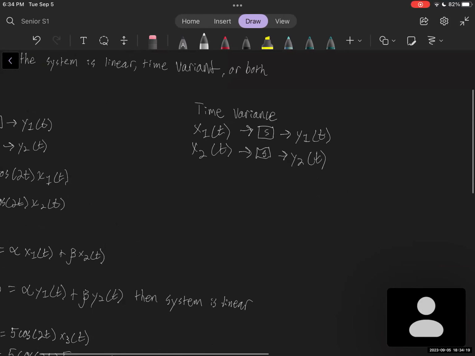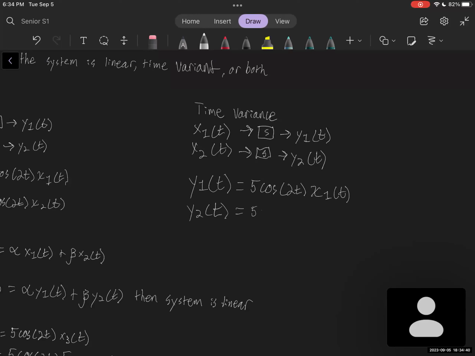As we put them through the same system, our output functions are going to be the same as they were before. We're going to get y1 of t equal to 5 cosine of 2t x1 of t. We're going to get y2 of t is equal to 5 cosine of 2t x2 of t.